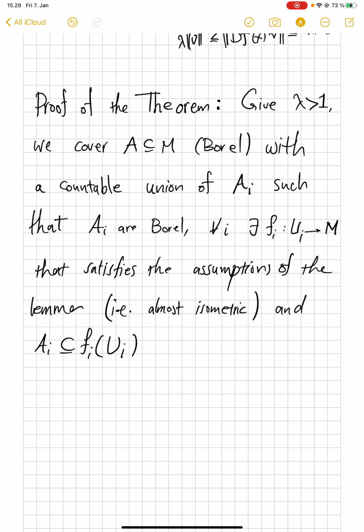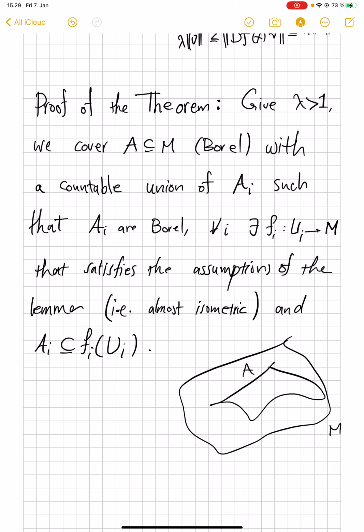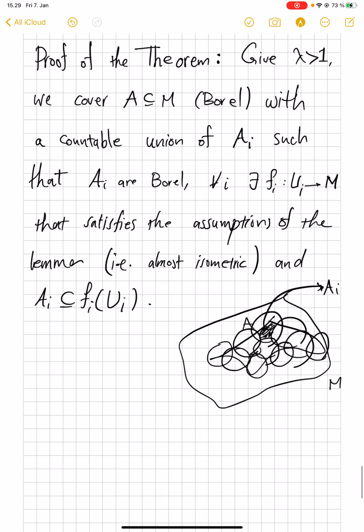Okay, Ai is in the image of this local parameterization. And that's it. So pictures never hurt. Here is your A, and then you cover it by disjoint pieces. You can always remove the overlap. And now every piece, say this one, is one Ai. And it's contained in the image of one local parameterization that is an almost isometry like this.